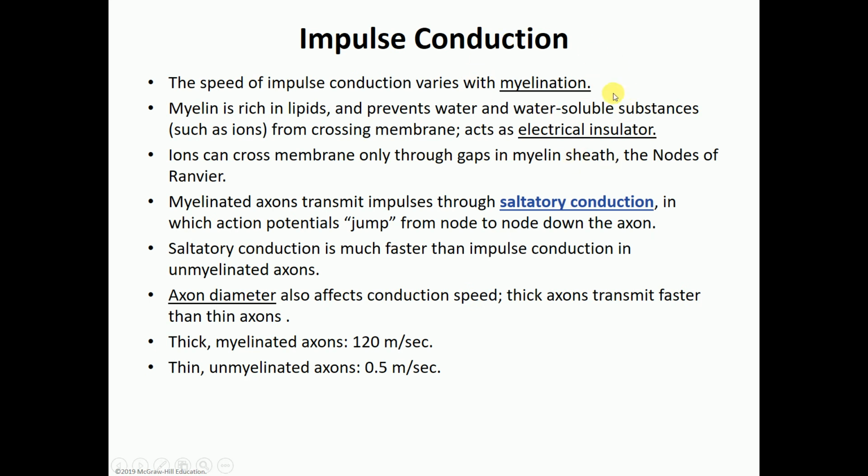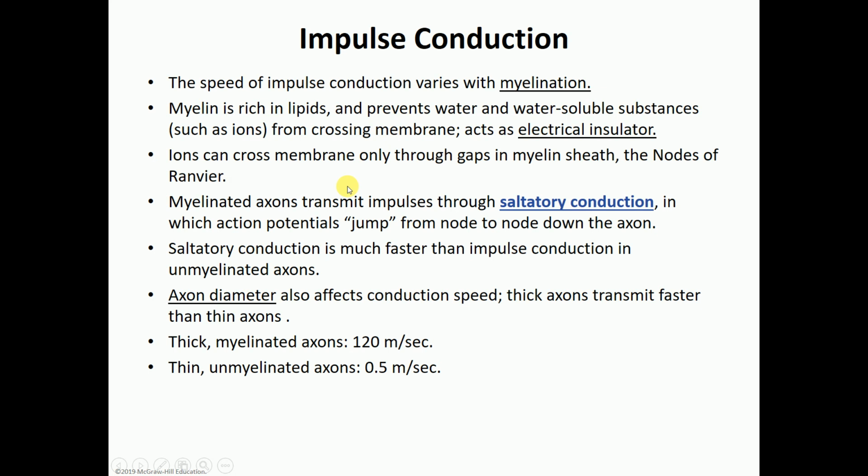Myelination definitely helps that process, because now instead of the action potential having to literally walk down the axon, it could jump down the axon. It's kind of like skipping. Remember we said that that myelin sheath is really made out of lipids. It's an electrical insulator.